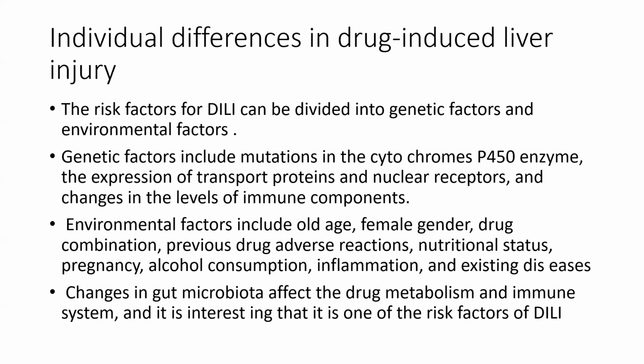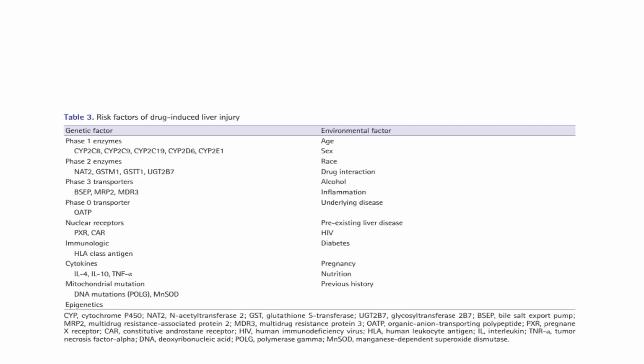Environmental factors include old age, female gender, drug combination, previous drug adverse reaction, nutritional status, pregnancy, alcohol consumption, inflammation, and existing disease. Changes in the gut microbiota affect drug metabolism and the immune system, and it is interesting that it is one of the risk factors of the disease.